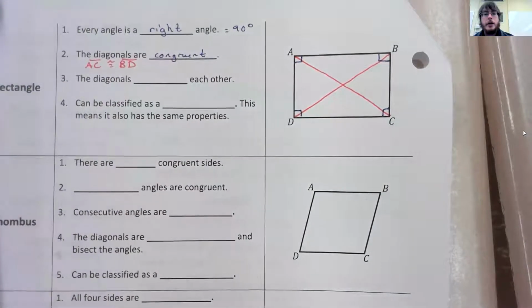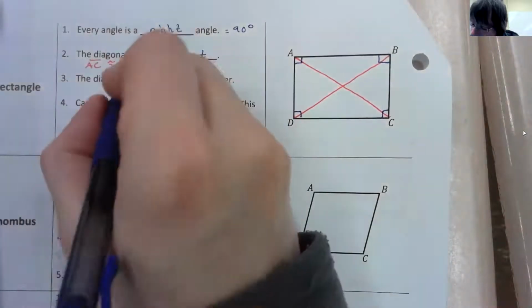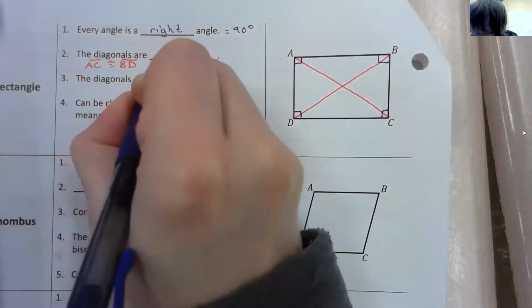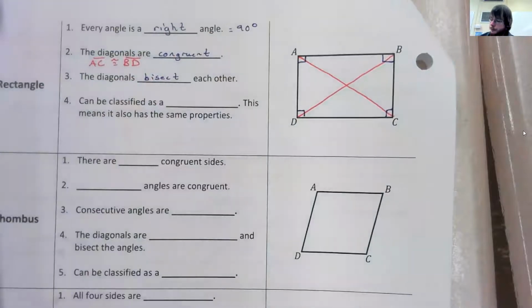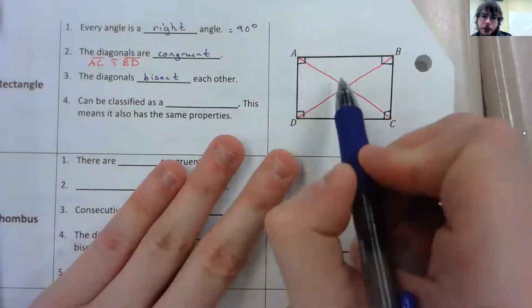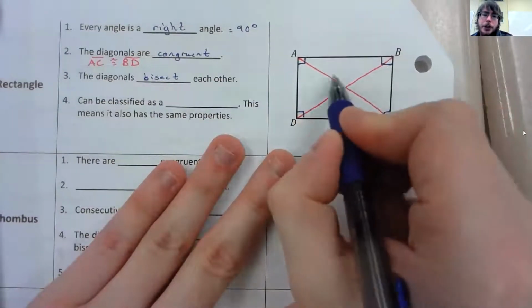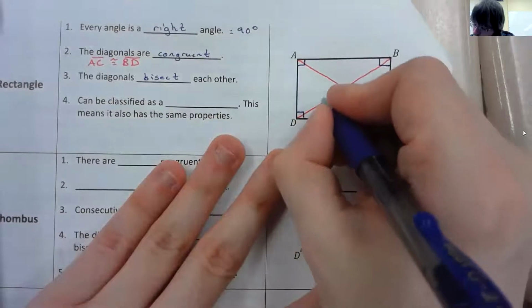But that's not all about the diagonals, because the diagonals are not just congruent, but they bisect each other. So since these are congruent and they bisect each other, we can actually say that these parts are congruent to one another.